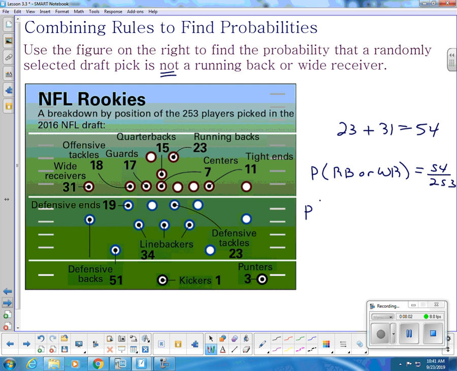So probability of it not being that would be 1 minus that. So 199 out of 253. Easy enough? So think of the easier ways to do it. Complement's a nice, easy way to do it. Okay? We good? All right.